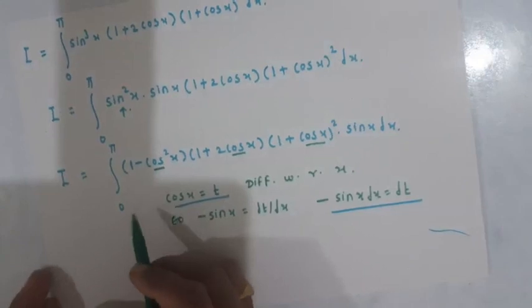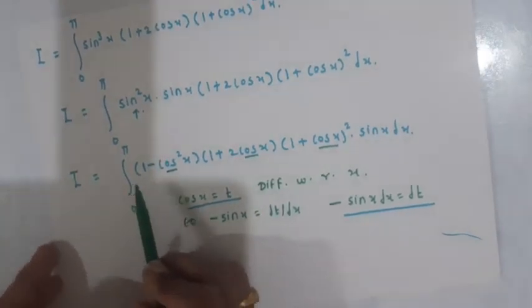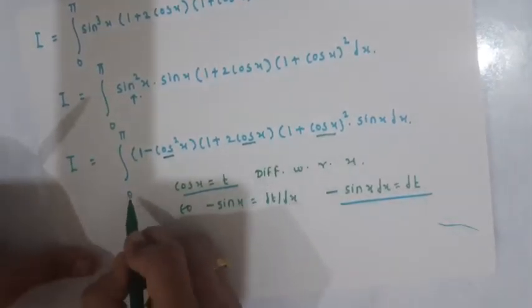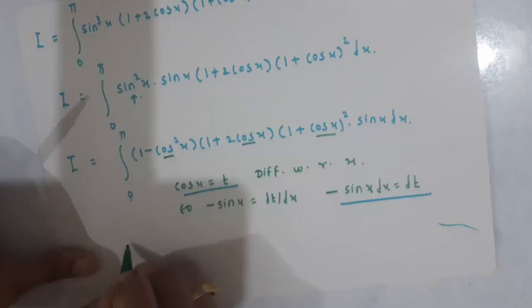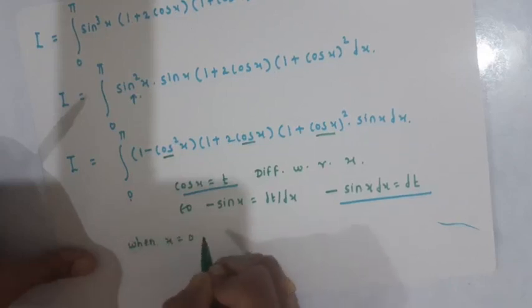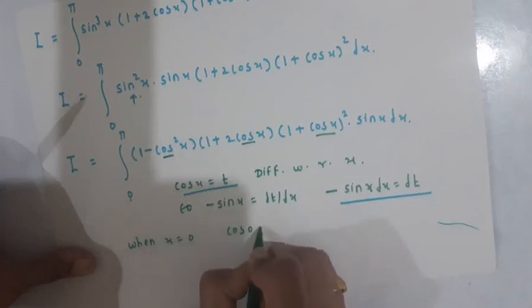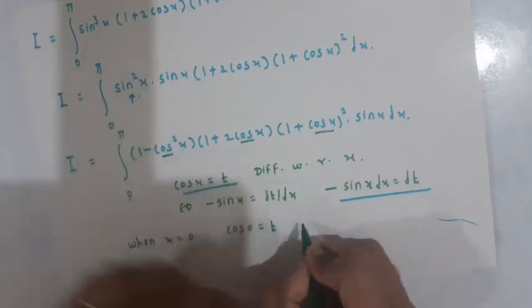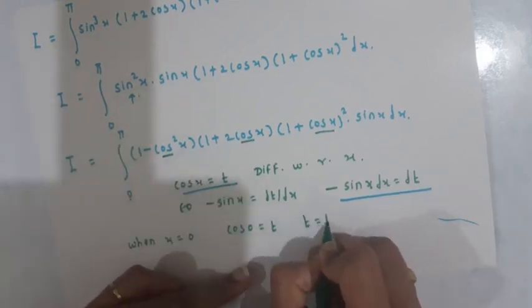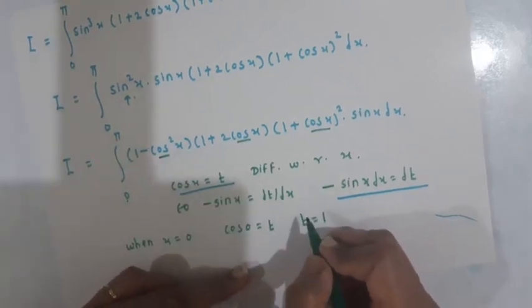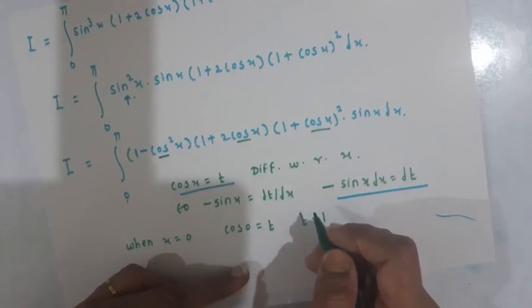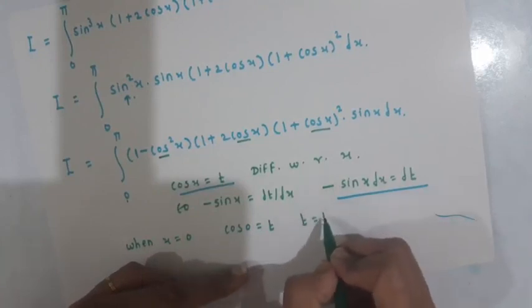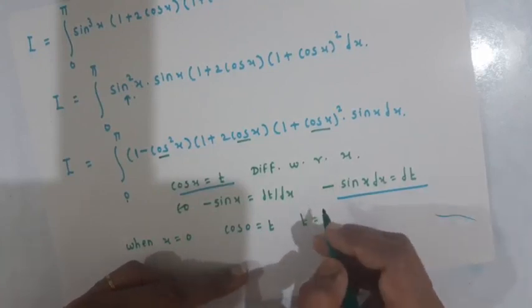Now according to our substitution, change the limits of integration. The lower limit is 0, that is when x equal to 0, cos 0 equal to t, and therefore t equal to 1. At x equal to 0, t equal to 1.